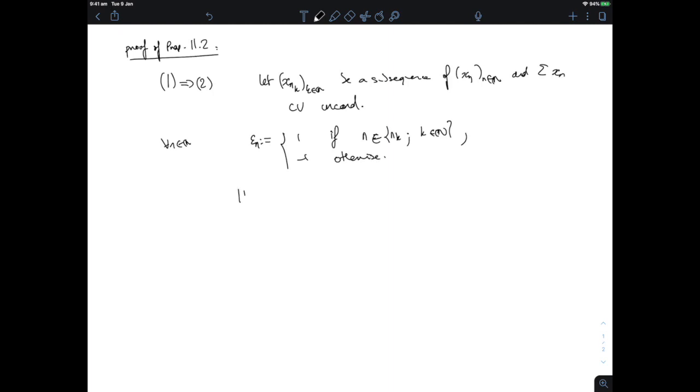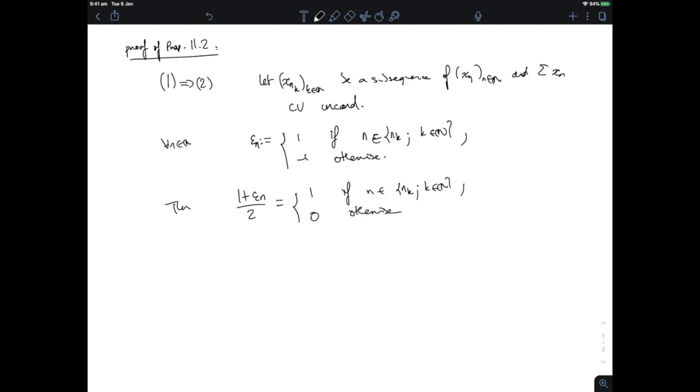And then you should notice that (1 plus epsilon_n) over 2 is going to be equal to 1 if n belongs to the subsequence, and it's going to be equal to 0 otherwise.